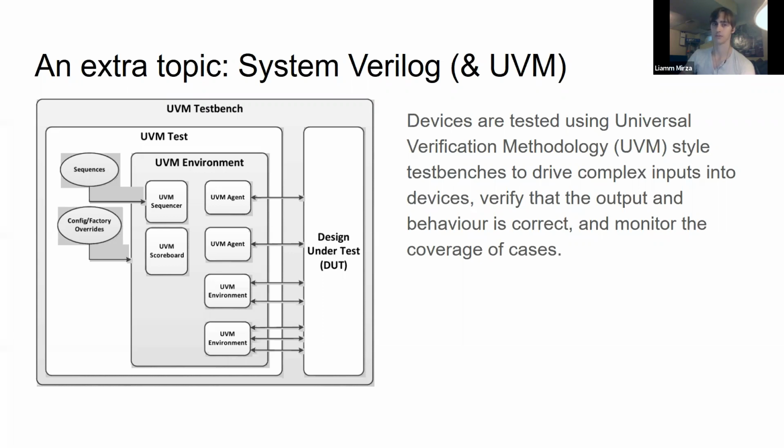You'll have one big class called a test bench, which will be your top module, and you'll create other things like your tests, your environment, your agents, your sequencer, and your scoreboard. Within your test bench, you'll instantiate the tests as well as the design under test, which is the Verilog code that the designer wrote.